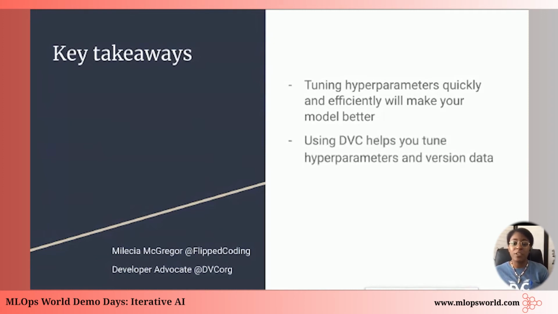And DVC helps you to tune your hyperparameters because it helps version your data, it tracks your code changes, it tracks your hyperparameter changes. Basically everything you need to tune hyperparameters, it keeps track of it for you.